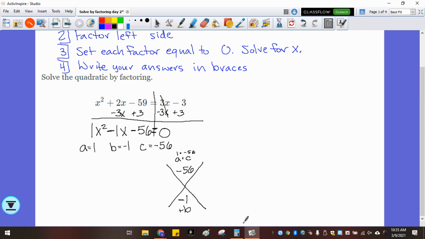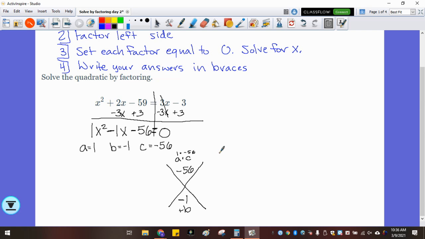Now slow down, because I want you guys to think of the numbers. So numbers that multiply to 56 and add to negative 1.